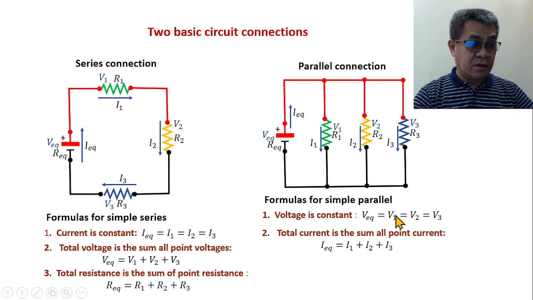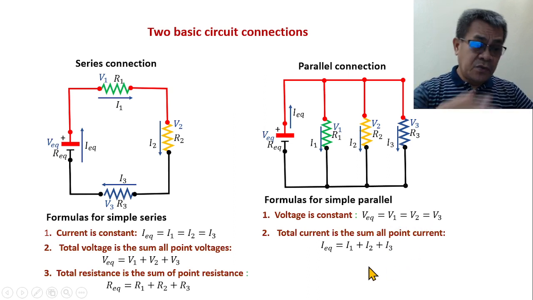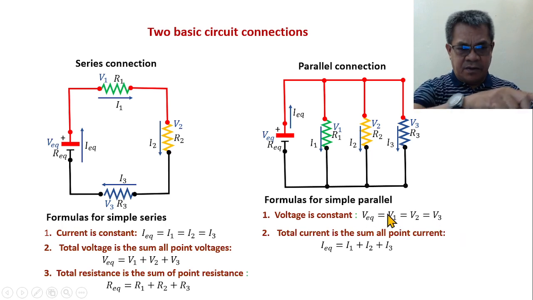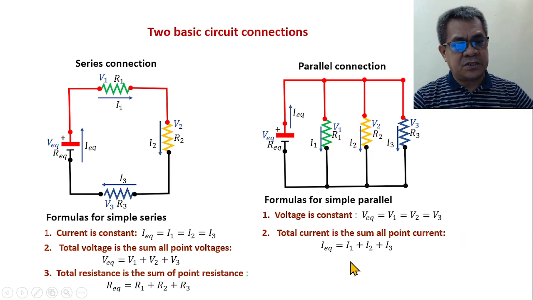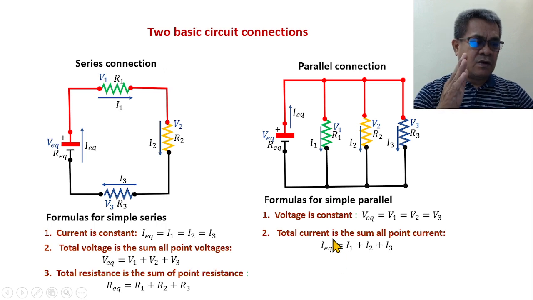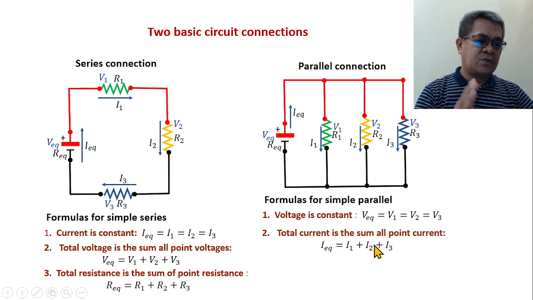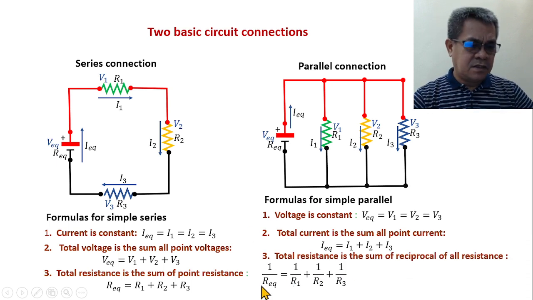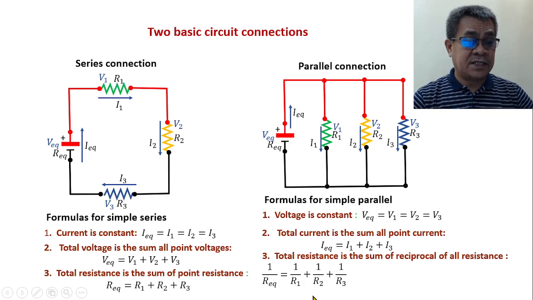And remember, voltages are constant, which means we can remove the voltage because they are equal. If you divide both sides of the equation by the voltage, it leaves us 1. So meaning this will become 1 over R equivalent is equal to 1 over R1 plus 1 over R2 plus 1 over R3. This is the relationship of the equivalent resistance towards the individual resistances.